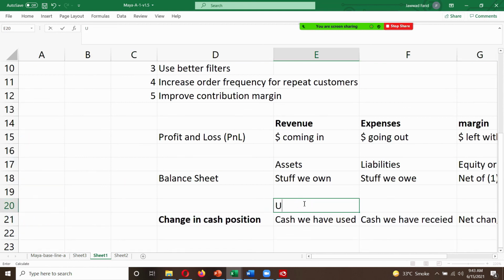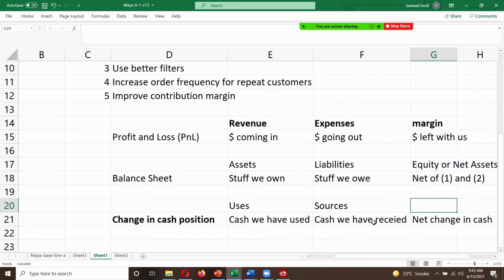So cash we've used is uses, cash we've received is sources, right? And this is transferred. Change in cash is what's transferred to the balance sheet.